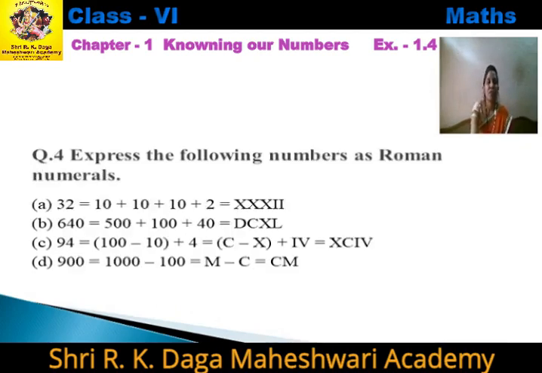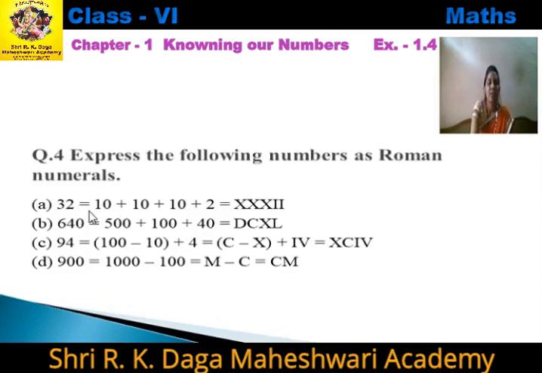Now fourth question, that is the last question of this exercise, is: express the following numbers as Roman numerals. Now you have given Hindu-Arabic numerals and you have to write equivalent Roman numerals for these expressions. First is 32. Again we will break these numbers to write its equivalent Roman numerals.